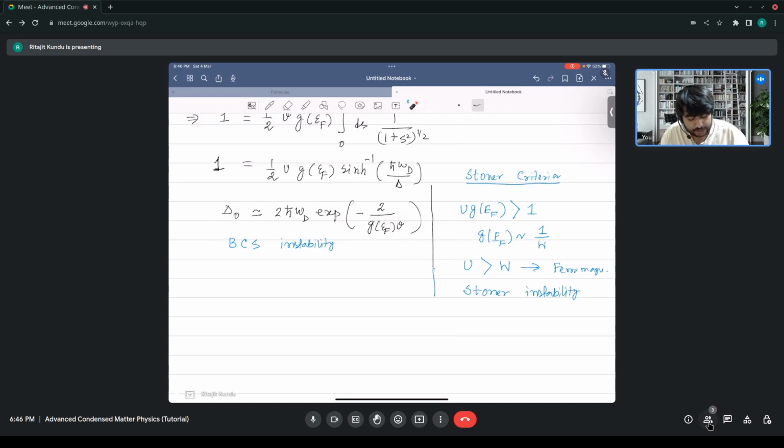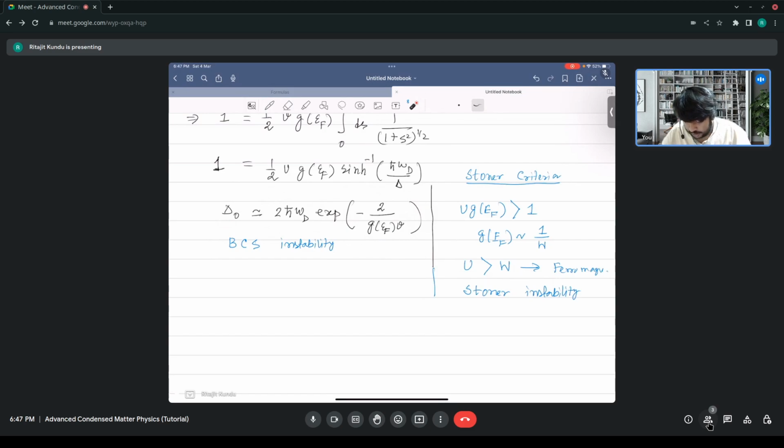So these are two different classes of instability, just so that you can see the contrast.